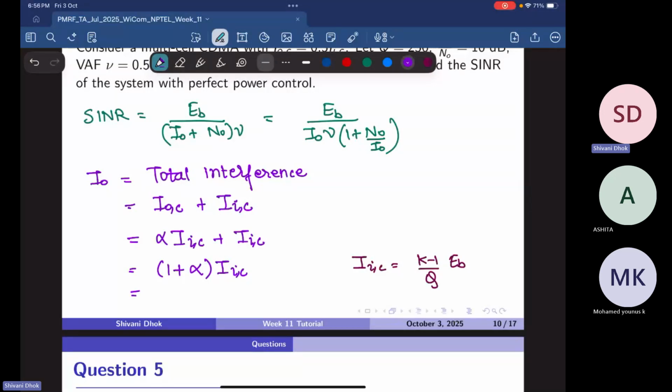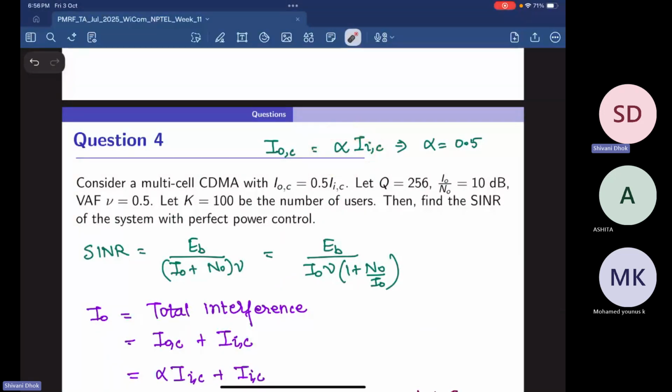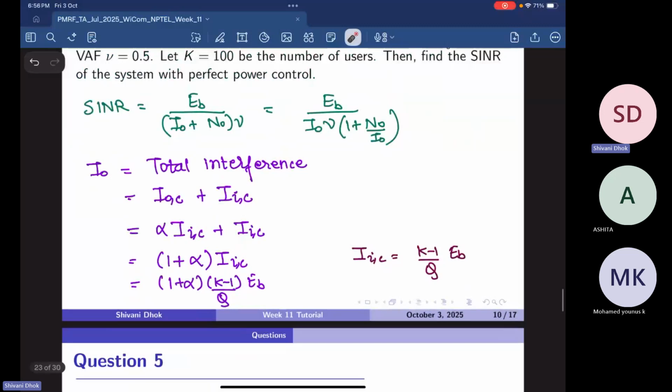So I0 comes out to be equal to 1 plus alpha times k minus 1 by Q into Eb. So this is your total interference as a function of alpha, then also a function of k, the total number of users, then you have your Eb and your spreading factor Q.